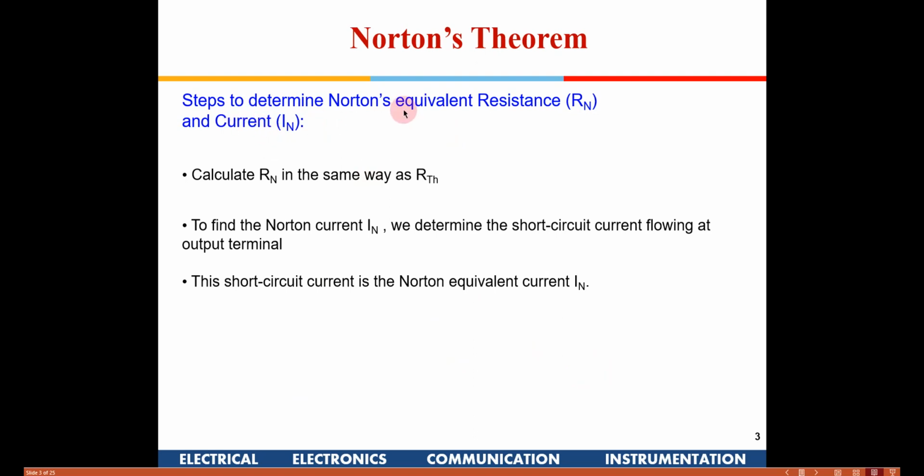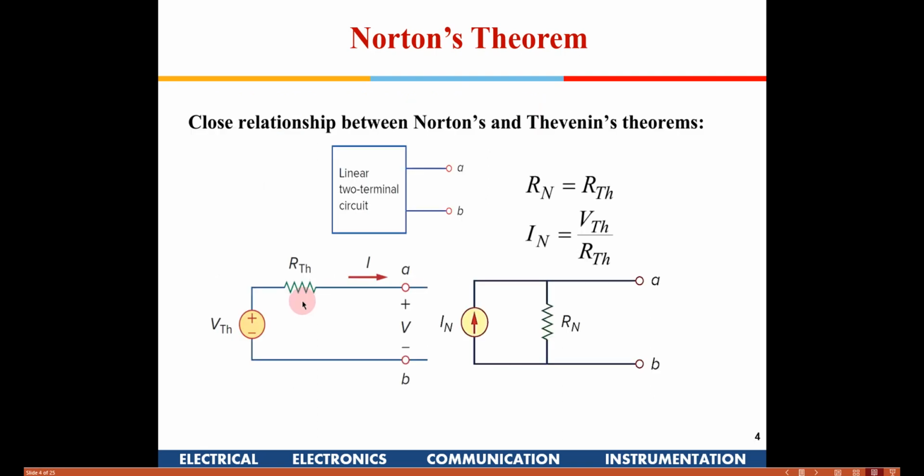Now what are the steps to determine Norton's equivalent resistance RN and current IN? RN is found exactly the same way as RTH, whereas to find the Norton current IN, we determine the short circuit current flowing at the output terminal. This short circuit current in the Norton equivalent is known as IN. We'll see an example, so things will be absolutely clear.